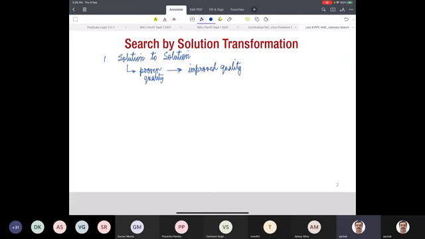In some cases, the solution that we create may not be fully valid. Most cases it is, sometimes it is not.